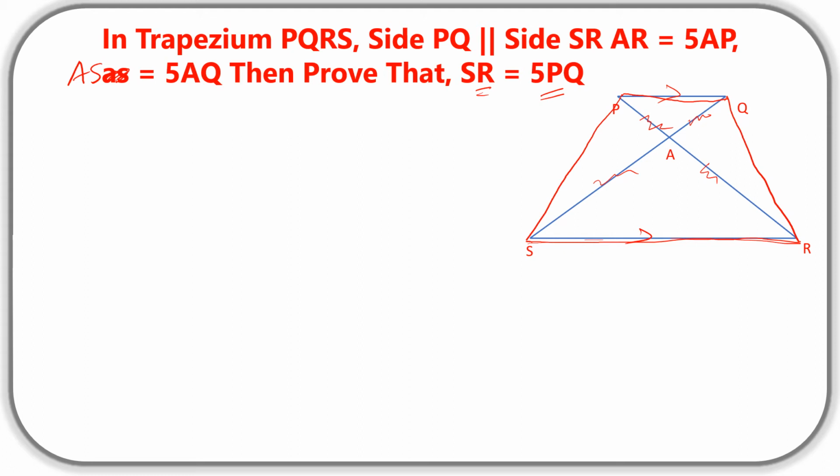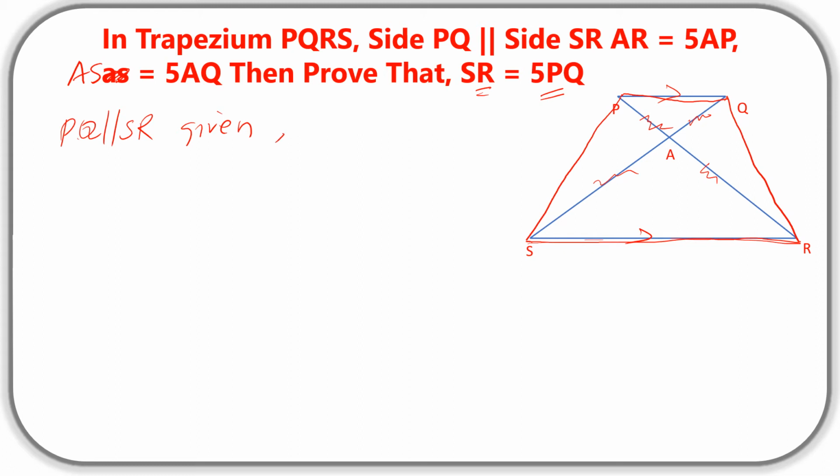Again, from the ratio of areas of two triangles, we will try to solve it in a different way. PQ is parallel to SR is given.